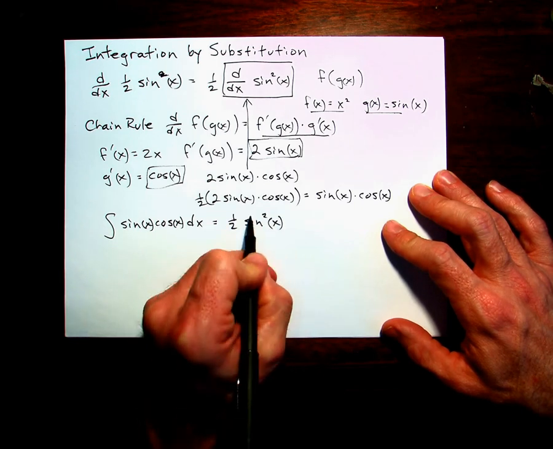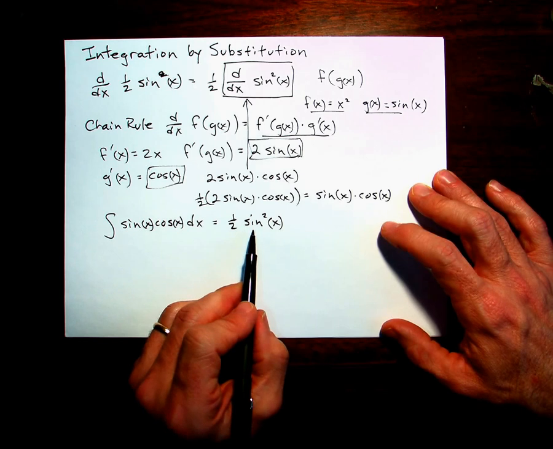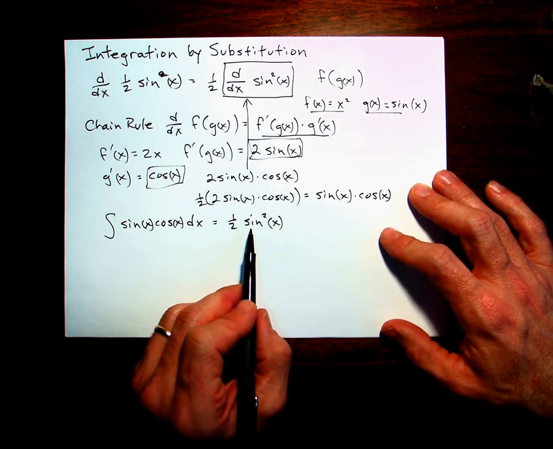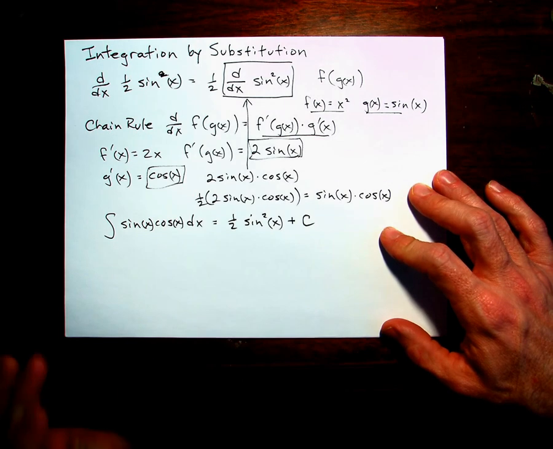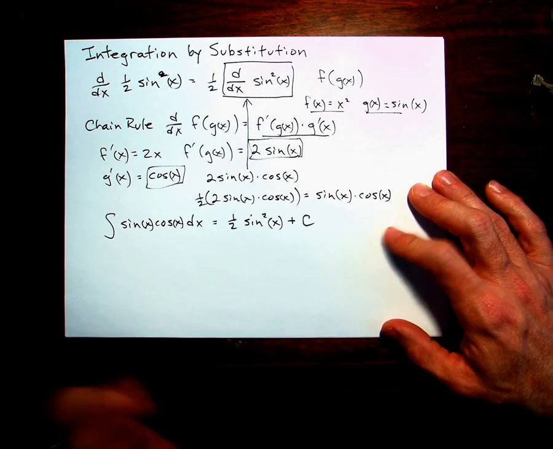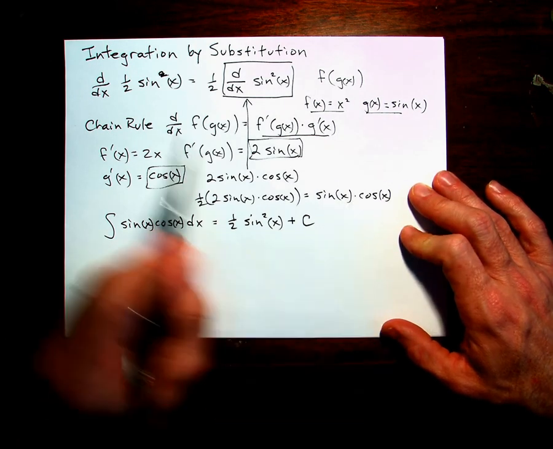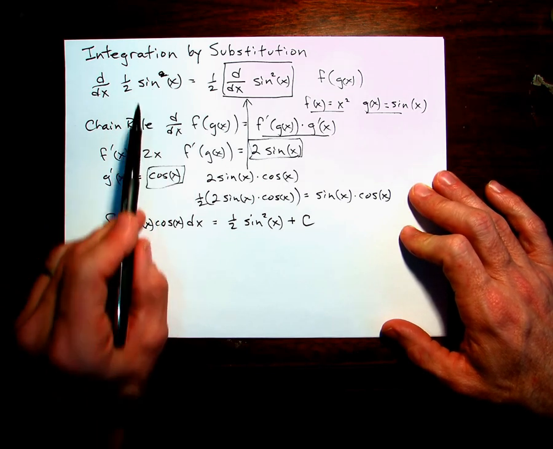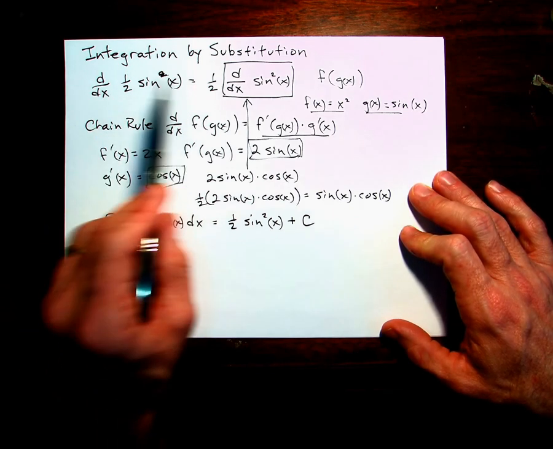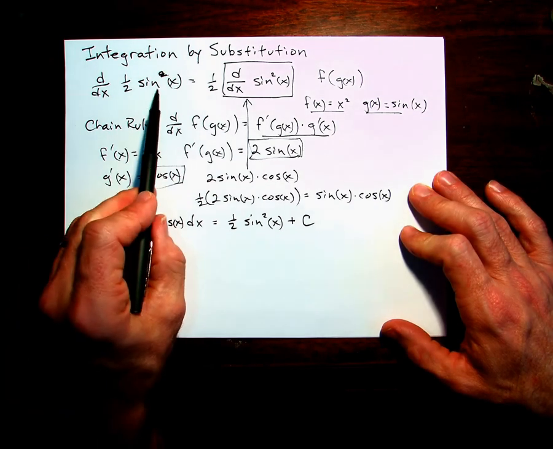But remember, the antiderivative is not just a particular function, it's a family of functions, because any constant added on to 1/2 sine squared would have given us the same derivative. In this particular case, the constant was 0. We don't usually write plus 0, but if we had plus 1 or plus 10 or minus 100, we would have still gotten the same derivative.